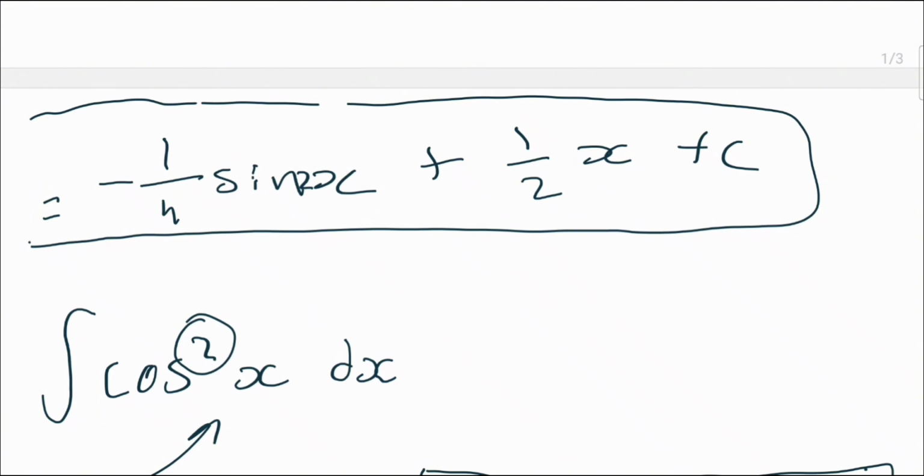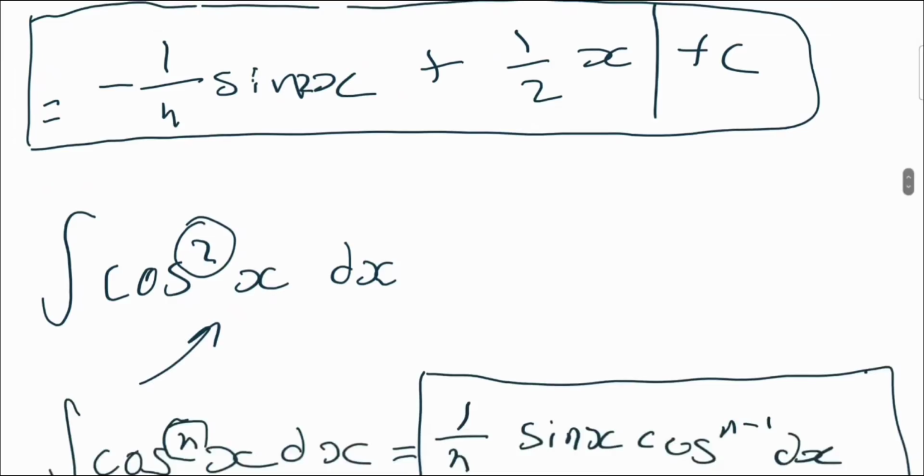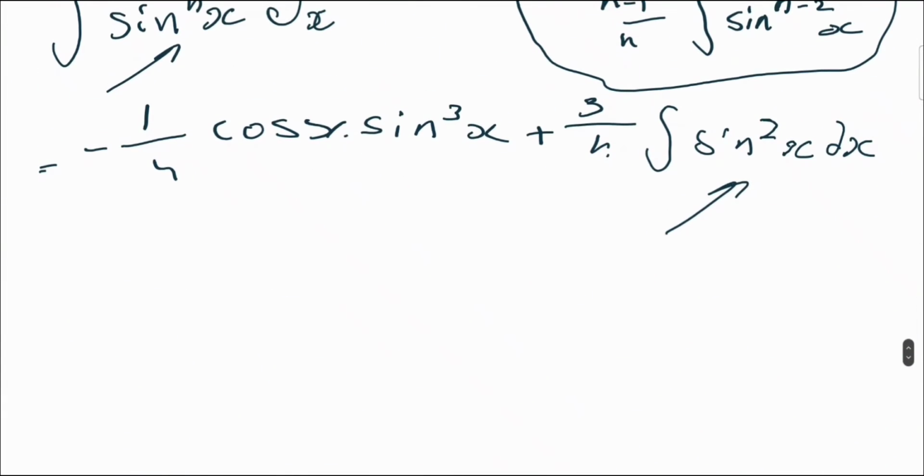It's right here. Negative 1 over 4 sine of 2x plus 1 over 2 x plus c. We don't actually have to incorporate the plus c when you're multiplying it. So basically, you don't have to multiply the plus c by 3 over 4 or something, because the plus c changes and it's there as a constant. So yeah. Okay, so let's try and simplify this as much as possible.